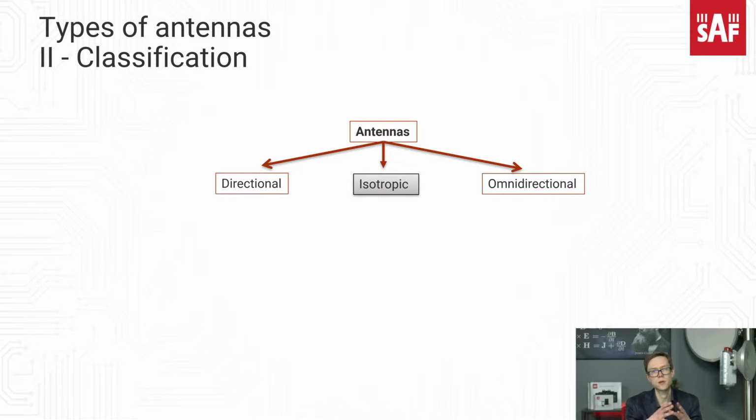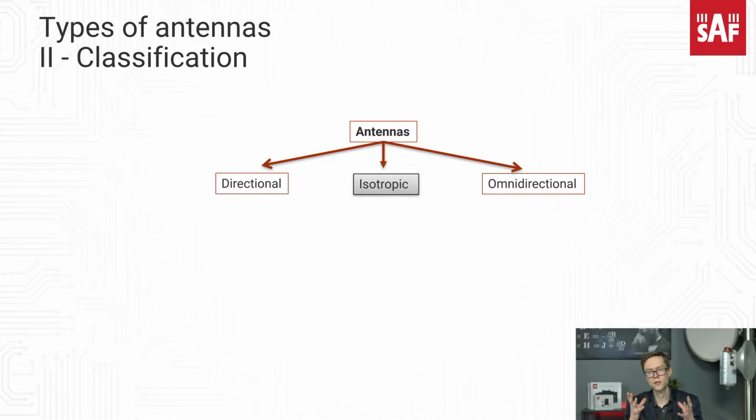Actually, it's very difficult, if not impossible, to make such an antenna because anyway you will have to attach a feeder somewhere, and its radiation pattern won't be equal, won't be isotropic, equally radiating to all the directions. So this is more of a theoretical concept, but still it can exist.